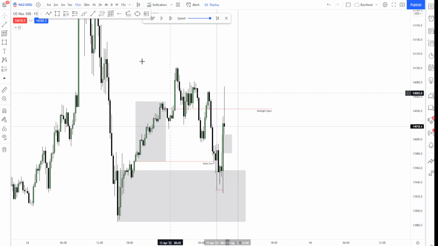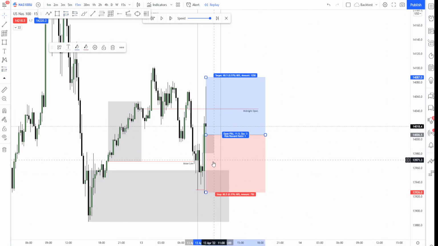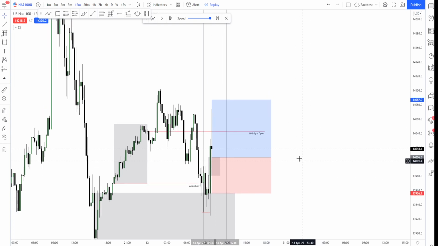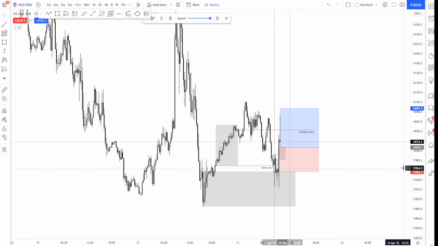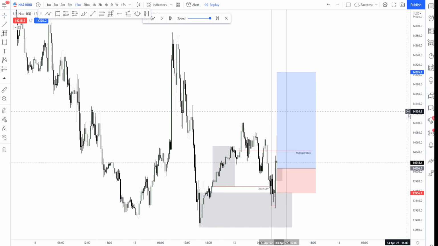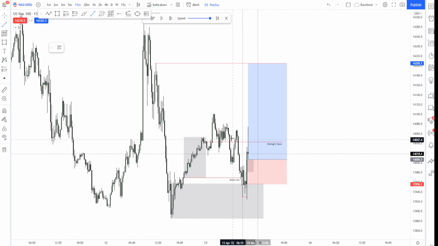So this 15-minute, this is where you'd want to take your entry off of. Right here. I would put my stop loss over here and aim for this wick up here. So this would be my final take profit. First take profit up here.